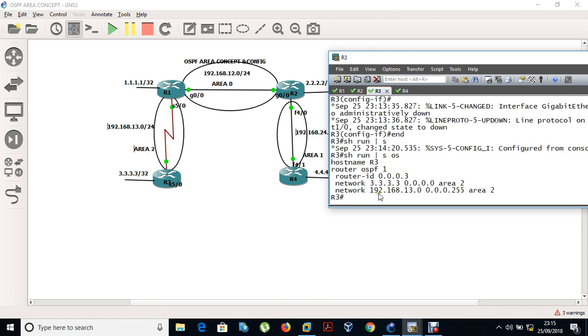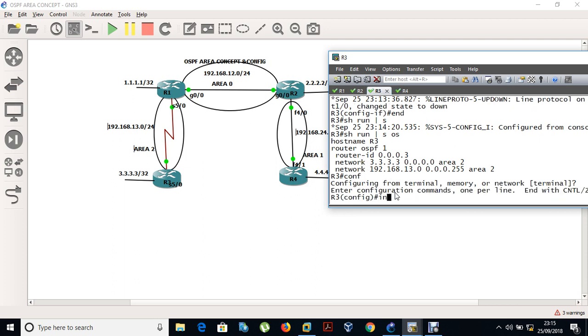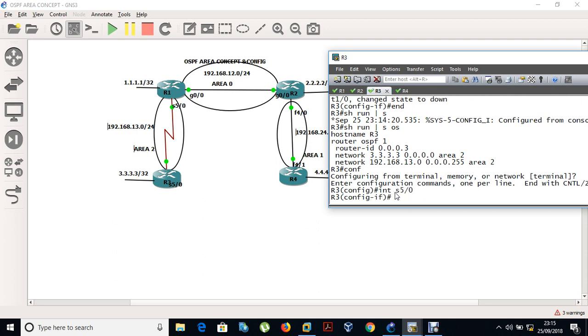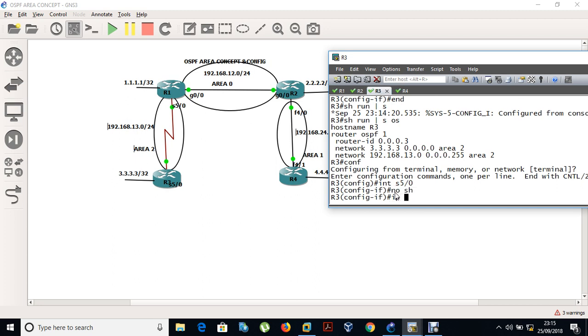So I advertised it at 13, which is here, and the 3. Yeah, because we only have that one. So let me go interface serial 5/0, then no shutdown because I didn't configure that one.